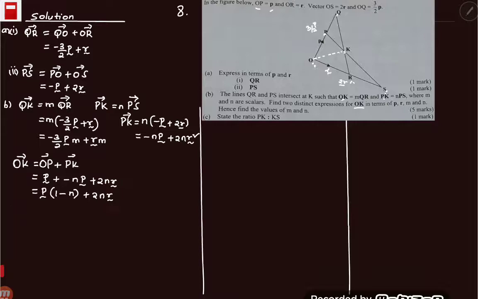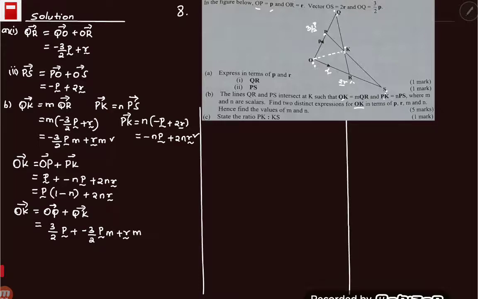Then we can express OK using QK. So OK can be gotten by moving from O to Q, then Q to K. So this is equal to OQ plus QK. OQ is 3/2 P plus QK, which we got here as negative 3/2 PM plus RM.